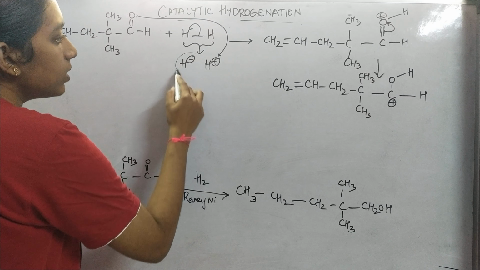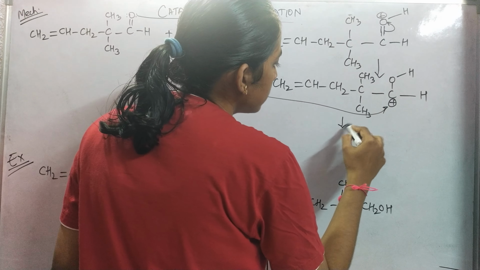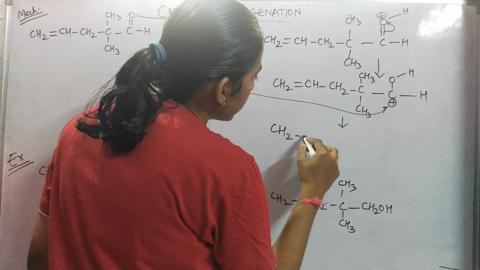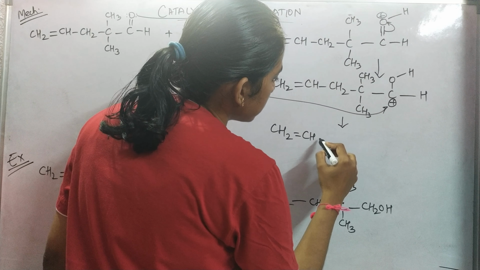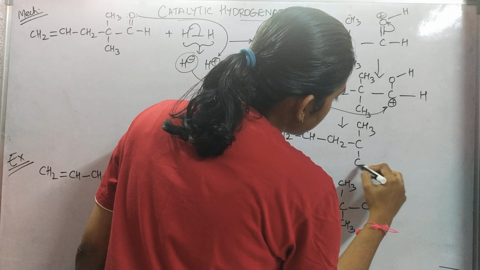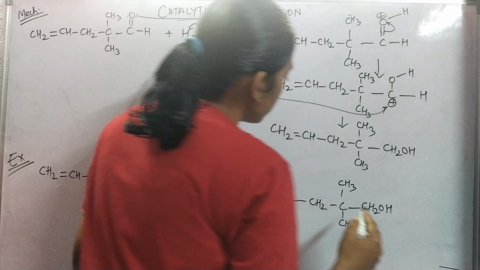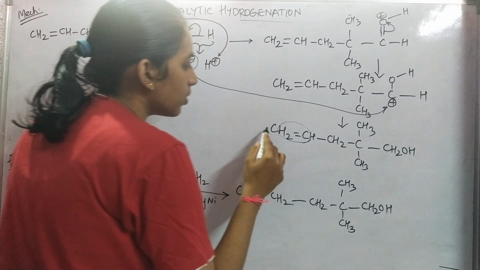Now this H minus will attack this positively charged carbon and we will get H there. We will be forming a CH bond, CH3 CH3 CH2OH. Now we have to reduce this double bond.